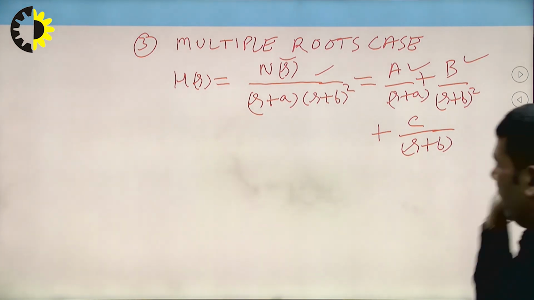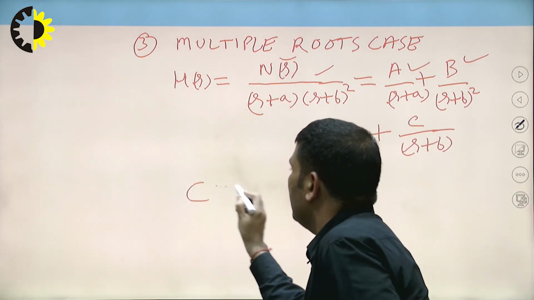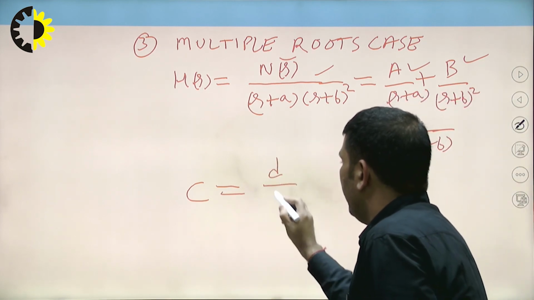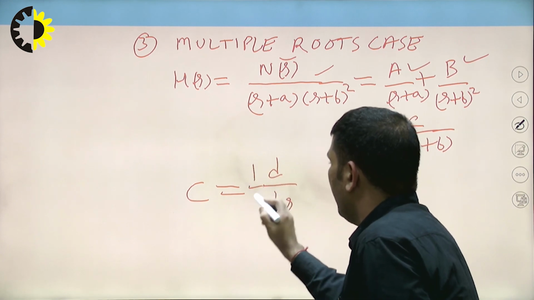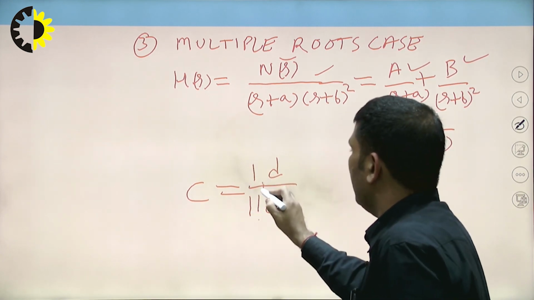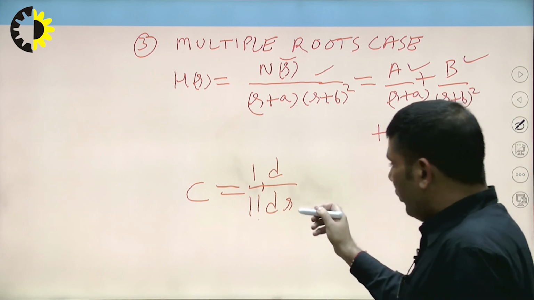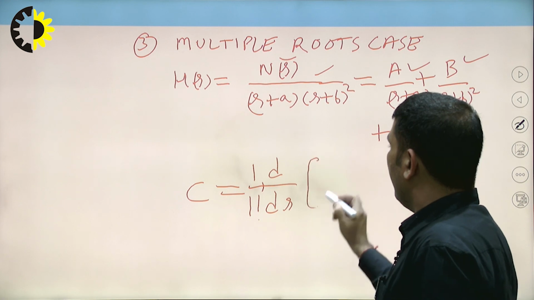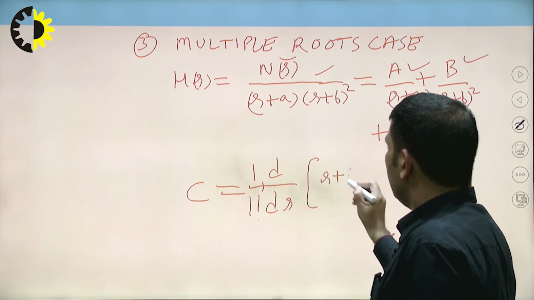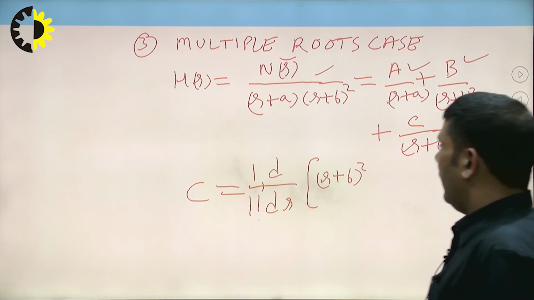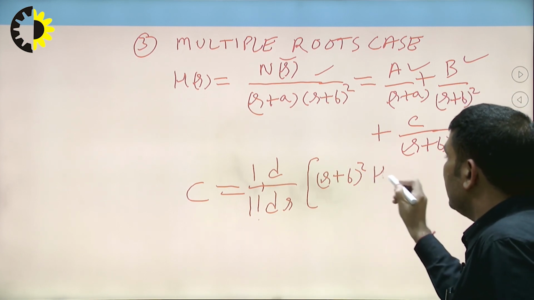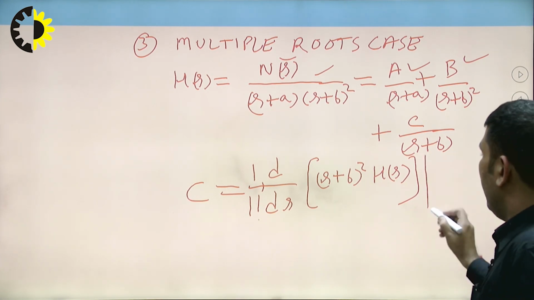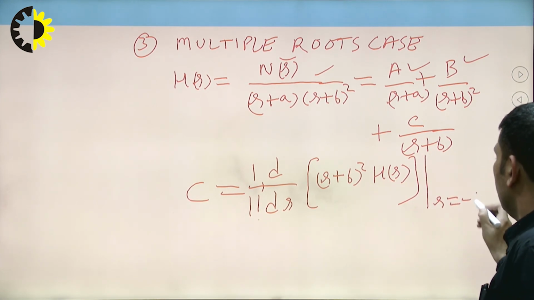I am just discussing about C. So C is basically d upon ds, that is basically 1 upon 1 factorial into the differentiation d upon ds of (s plus b) square H(s), and here s is equal to minus b.